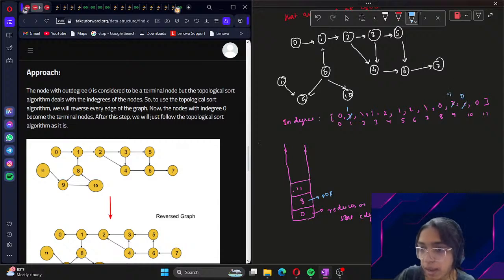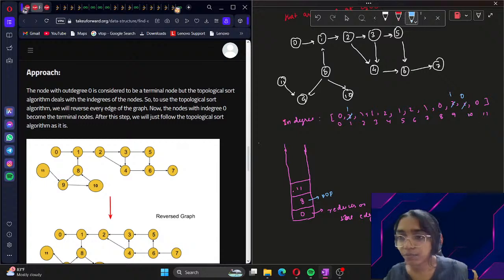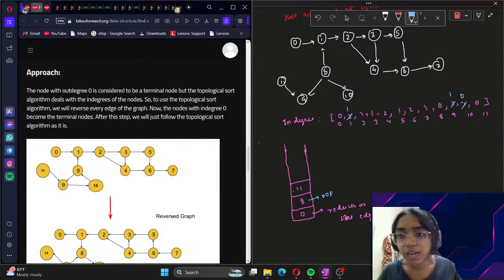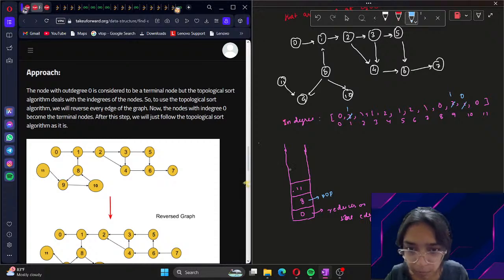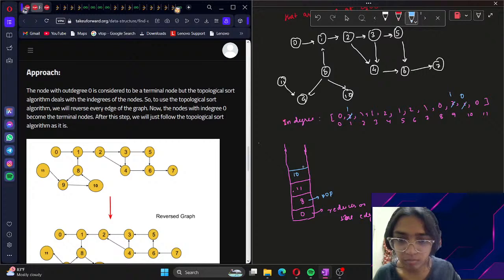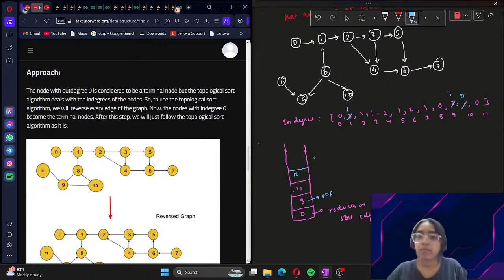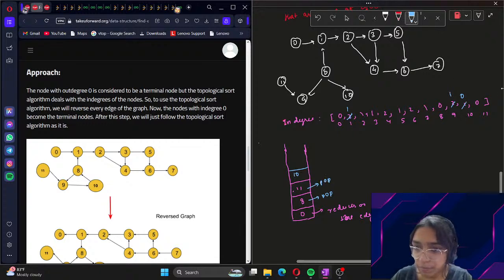Now since node 10 has in-degree 0, we push 10 into the queue. Then we pop node 11, which has only one outgoing edge, to 9.